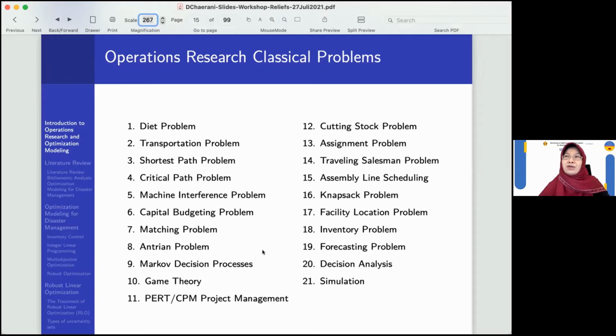It is about how to ship a commodity from a certain point to the destination point. And another thing is the critical path problem and the machine interference problem, whether we need to fix the machines or we need to be able to detect the locations of certain machines that are broken.